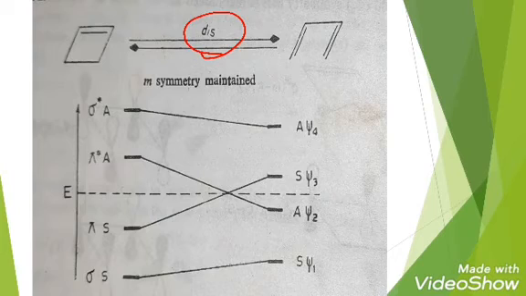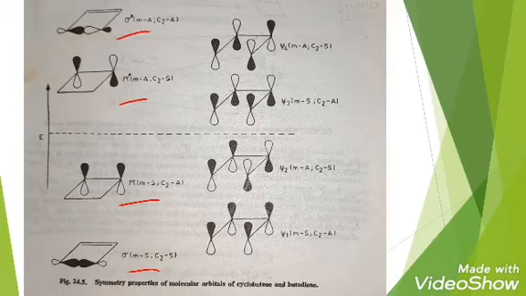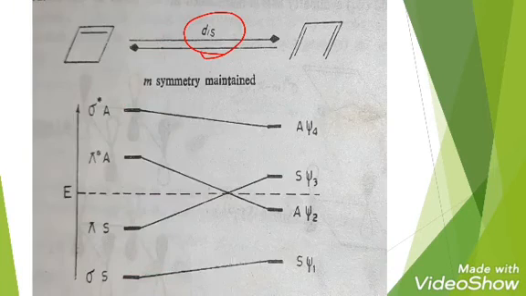So here we are correlating the symmetry elements of the mirror plane. According to the mirror plane, the sigma orbital and pi orbital are symmetric and the pi star and sigma star orbitals are anti-symmetric in cyclobutene. So here it is represented like this.